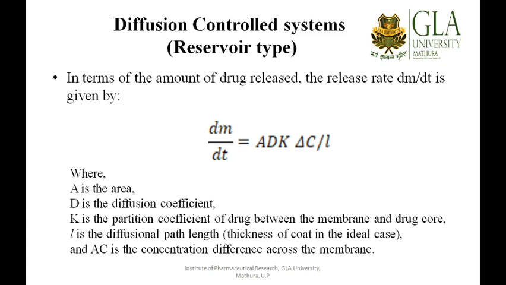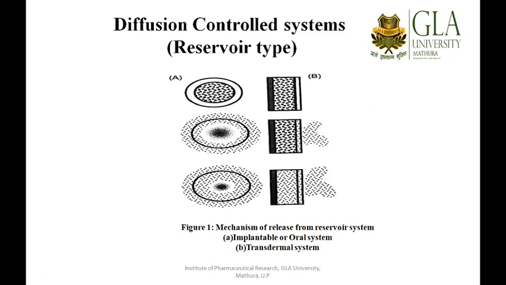You must understand this concept well, that the role of partition coefficient is crucial while designing the reservoir type of system. L is the diffusional path length, so the total distance from the core to the outer side is the diffusional path length. It is the thickness of the core in the ideal case, and delta C is the concentration difference across the membrane.